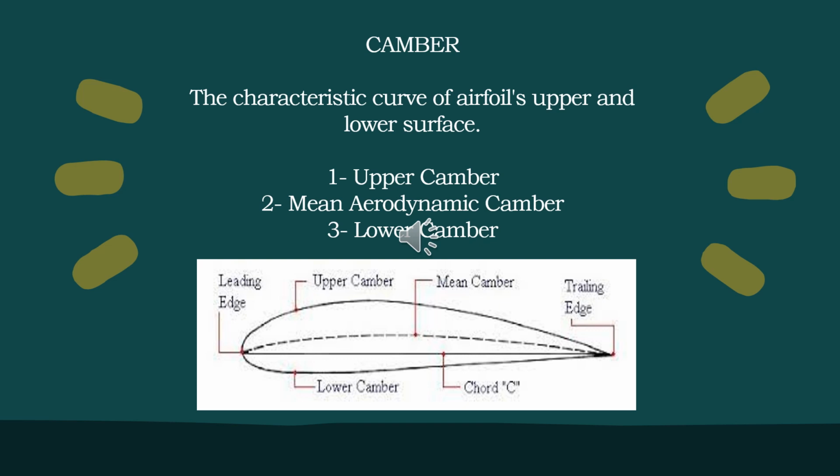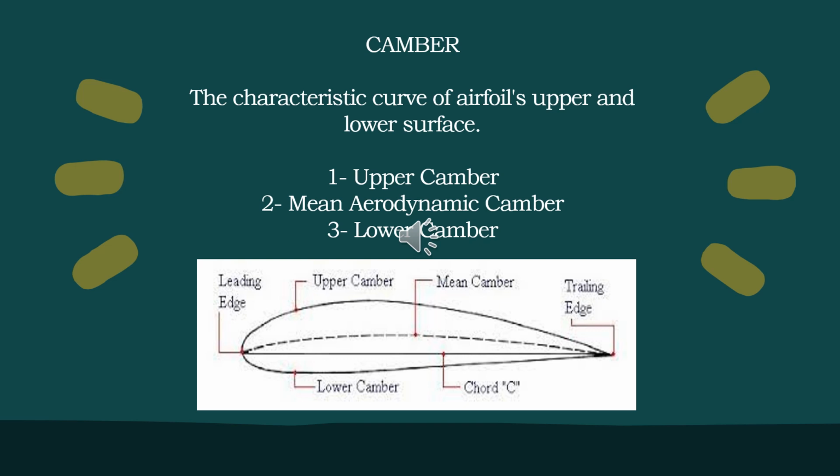Camber is a measure of the curvature of the airfoil. Upper camber means the curve of the upper surface of the airfoil, while lower camber refers to the curve of the lower surface of the airfoil. In the great majority of airfoils, upper and lower cambers differ from one another, and the mean aerodynamic camber means the mean camber line.